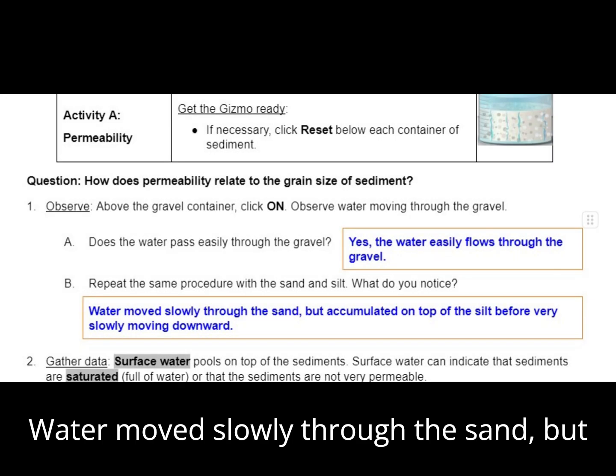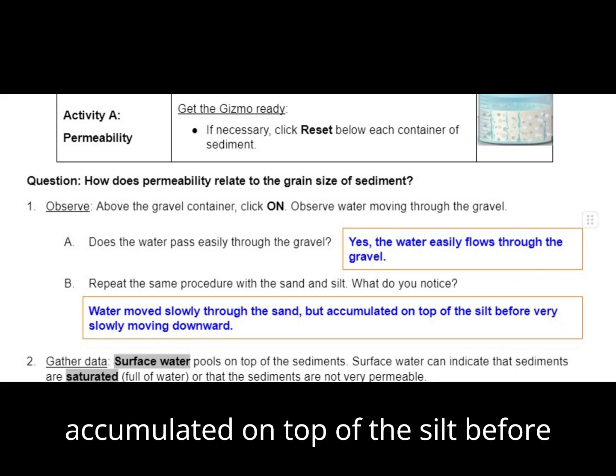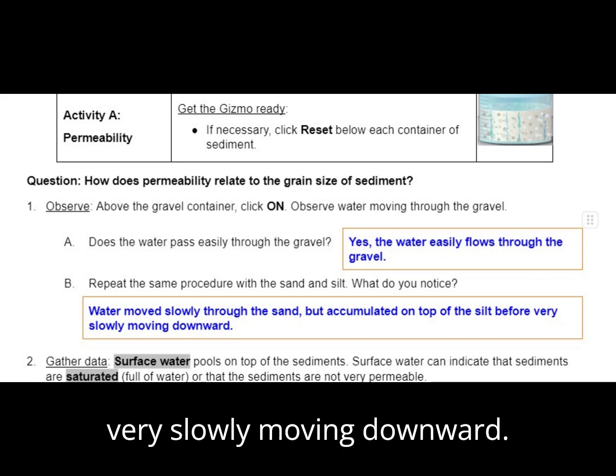Water moved slowly through the sand, but accumulated on top of the silt before very slowly moving downward.